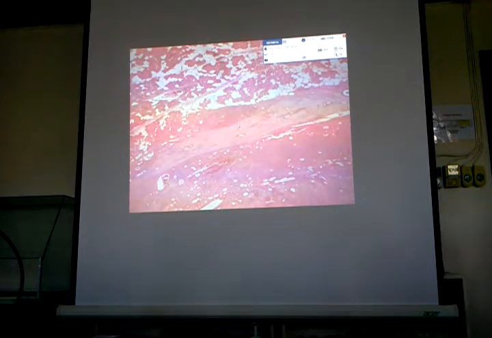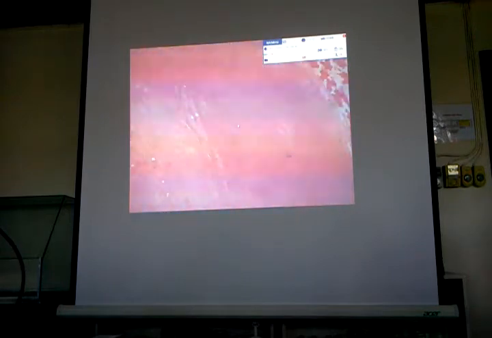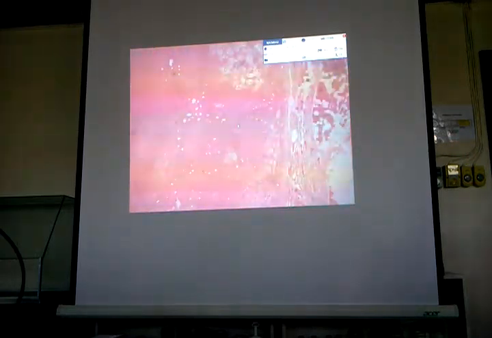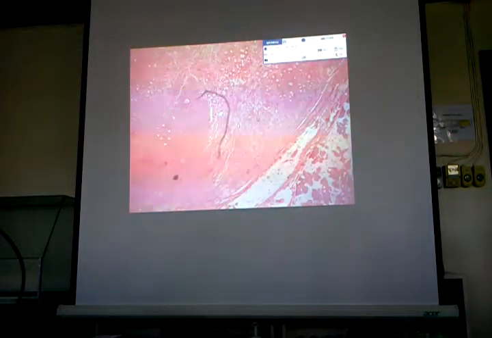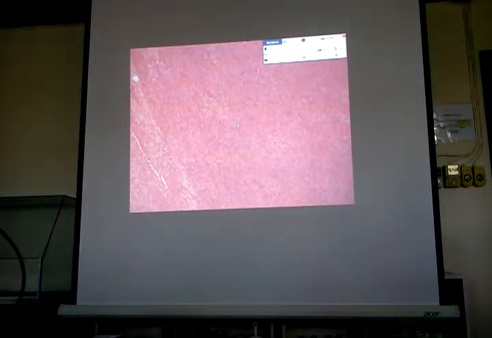So that is now the content of the mass. Let us examine the composition of the mass. Okay, that component of the mass is showing us what shape of cells? Spindle-shaped cells.